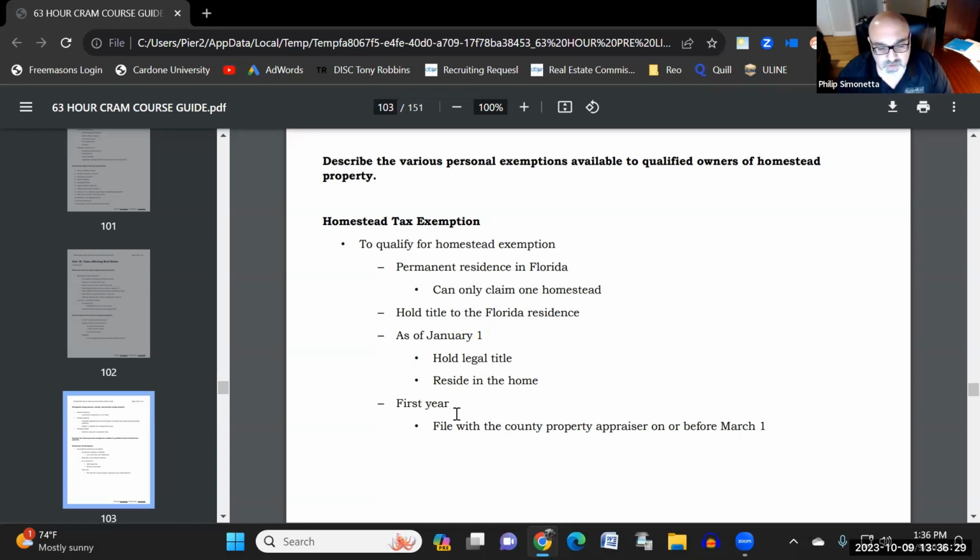The first year, you must file with the county property appraiser before March 1st. So as long as you close on the house before the end of 2023, you can file for homestead before March 1st, 2024. If you close on it in January 2024, you can't file until January the next year, because there's only that time period.